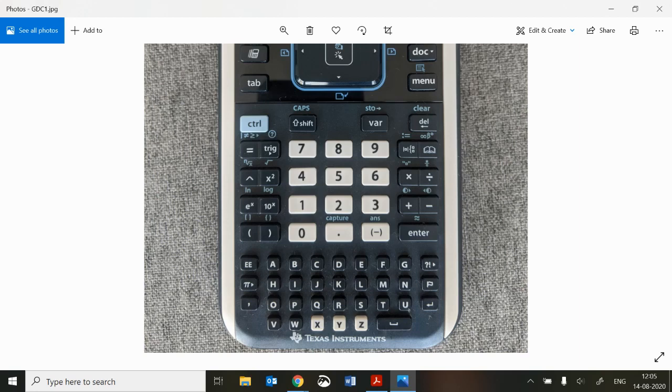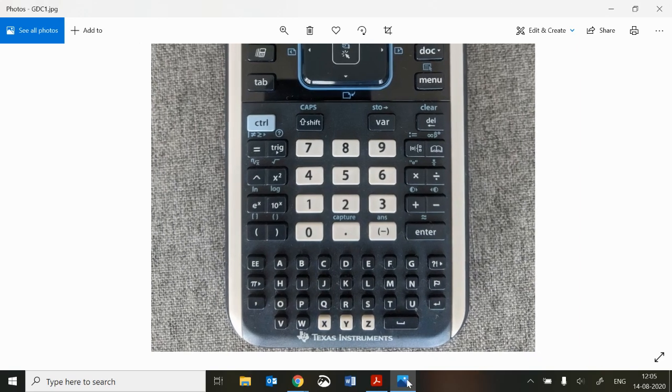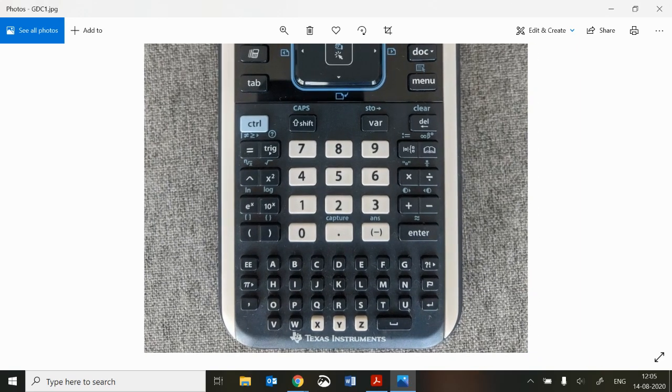It's not defined by i as the letter, it's defined through the pi key over to the bottom left. There's a little arrow on it, and it leads to a whole load of little commands, and one of them allows you to put in the square root of -1, in other words, i.